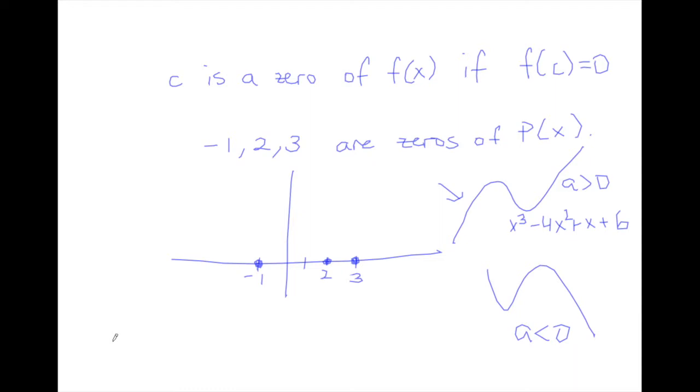And we find the y-intercept by plugging in a 0 for x. So if we want to find the y-intercept, we set x equal to 0. When we do that, we get a y value of 6. So in addition, we could make the graph go through the y-intercept. So it's going to go through the x-intercepts and the y-intercept with an S shape.